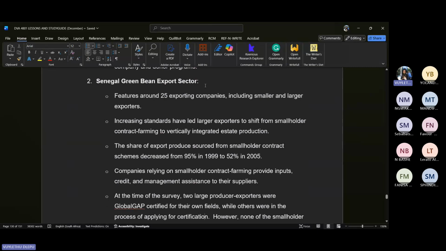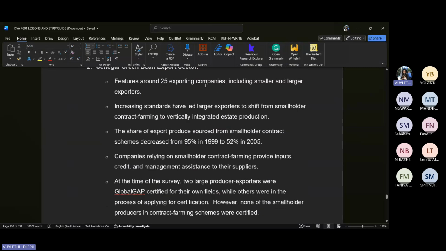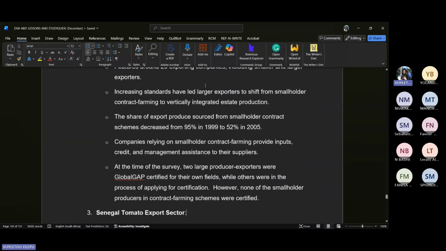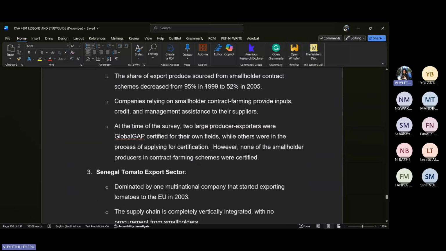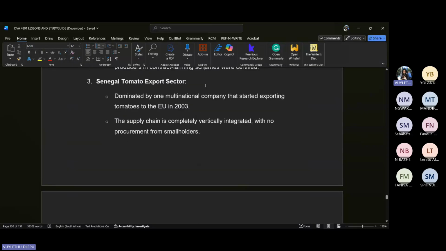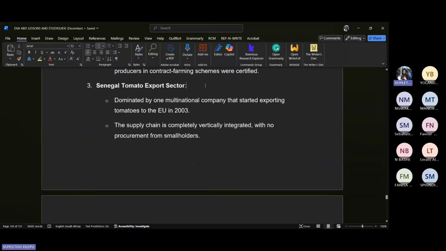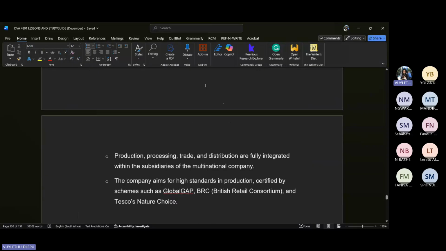The share of export produce sourced from smallholder contract schemes decreased from 95% in 1999 to 52%. At the time of the survey, 2 large producer-exporters were GlobalGAP certified for their own fields. Then it talks about the tomato export sector.